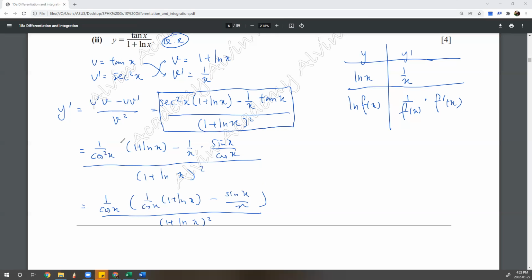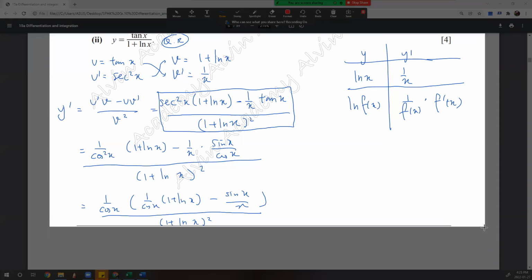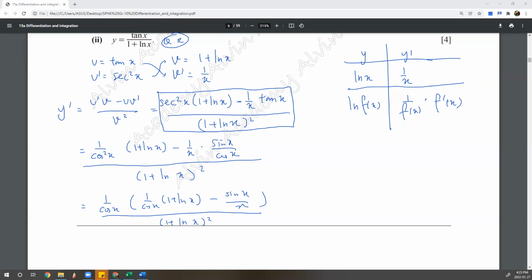If I get 1 over cos x, so the remaining will be sine x over x, right? I factorize the 1 over cos x out of the equations. Okay, get it? Okay, so I don't think it's necessary again, but I try to give the worst case scenario.